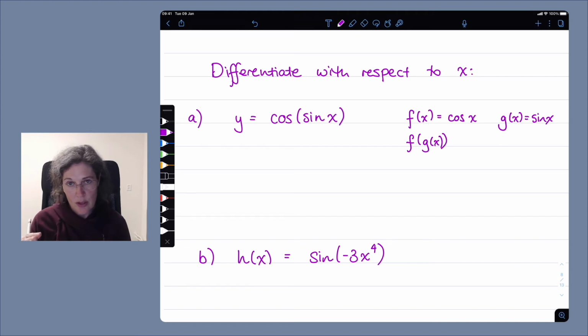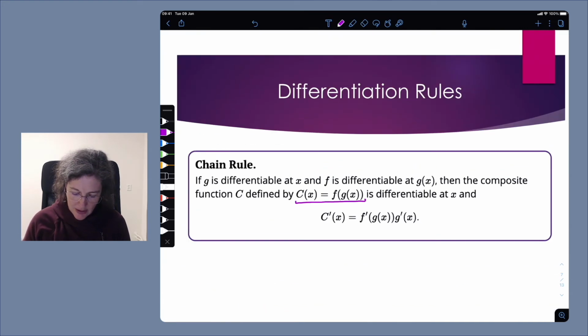So I'm going to work through this in detail, but as you get more familiar with the chain rule, if you haven't seen it before, you'll probably work quite a lot quicker. So we know that the derivative of our composite function is going to be, let's just check what it says here, the derivative of f, but evaluated at g of x, times the derivative of g of x.